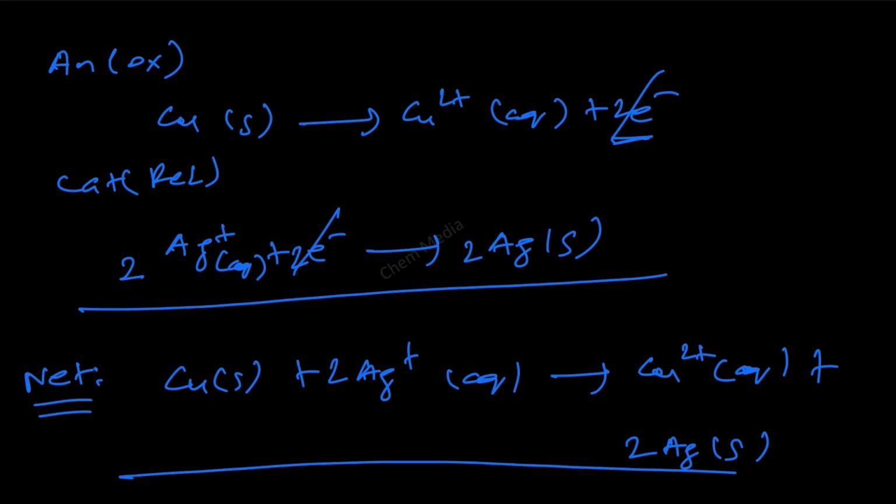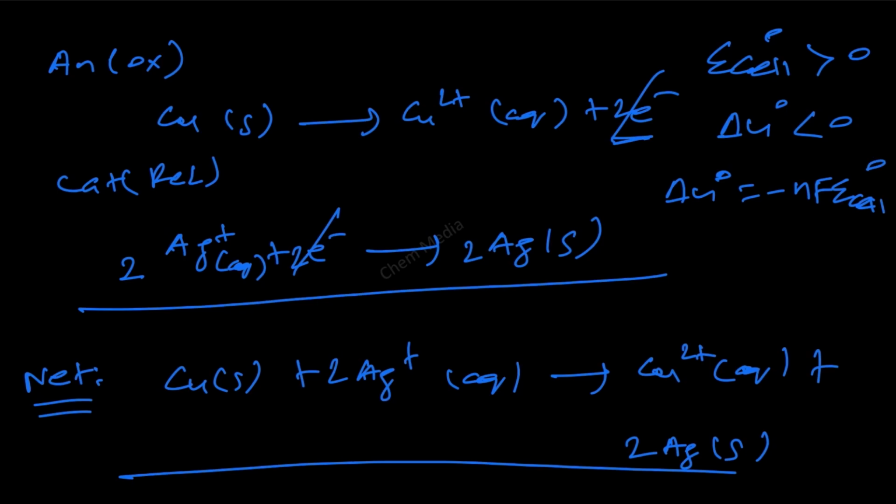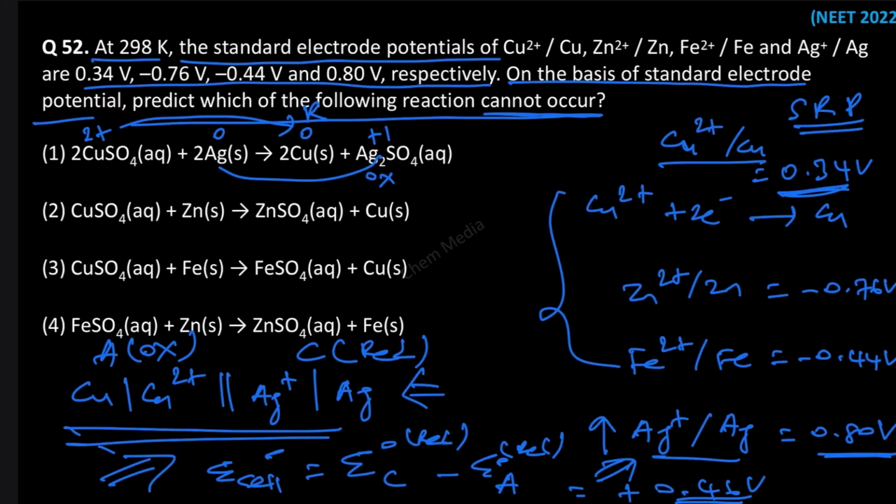This is possible, isn't it? In the direction of the spontaneous change, this is possible, because when E cell standard value is positive, delta G standard would be negative, because delta G standard is equal to minus nF E cell standard. So only when the E cell standard value is positive, delta G standard would be negative. But that is not what is given in reaction 1, isn't it?